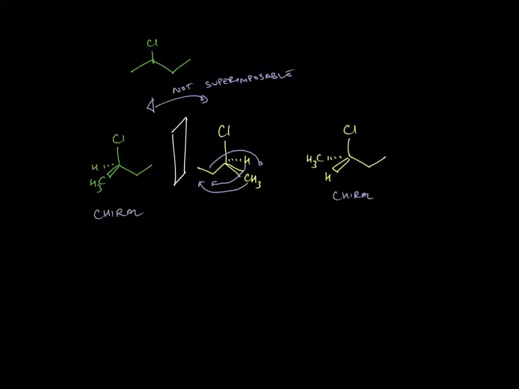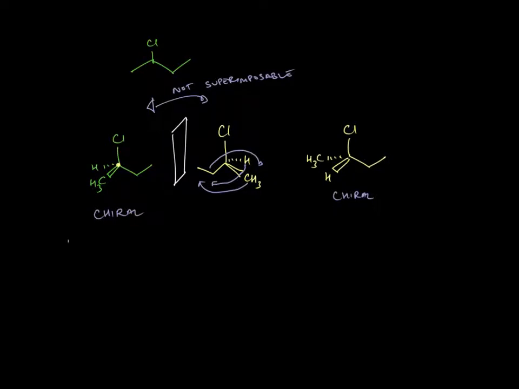So there's one way that you can tell whether or not a molecule is chiral, and it actually has to do with this carbon right here in the center. If there is a carbon in your molecule that has 4 different substituents, so notice that that carbon right there that I labeled in yellow, it has a chlorine, a methyl, an ethyl, and a hydrogen.